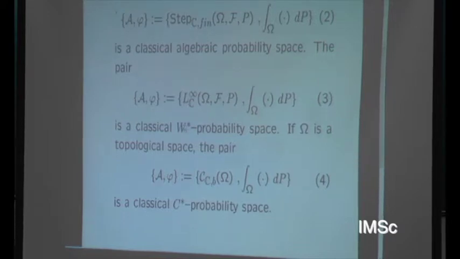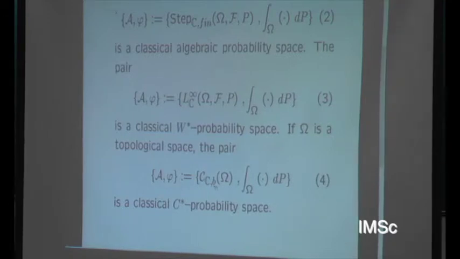And if the space Omega is a topological space and the algebra A is the algebra of continuous complex-valued bounded functions on this topological space, then you have an example of a C-star probability space.